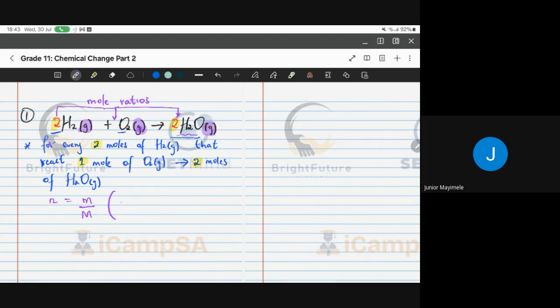This will allow us to find actual moles. And this, however, let me see. We need to start and establish this so that when we move forward, everyone is on the same page.